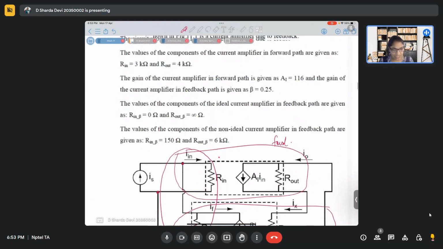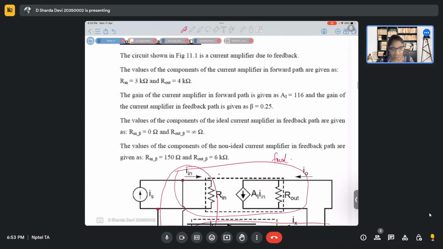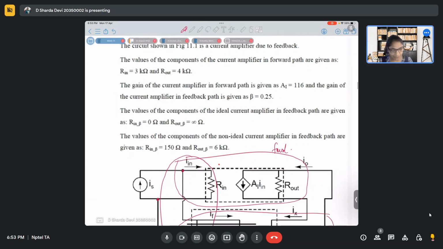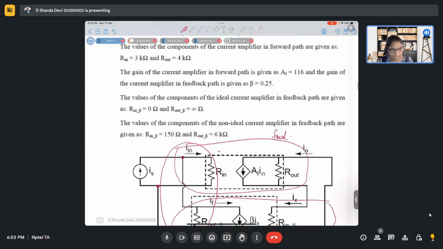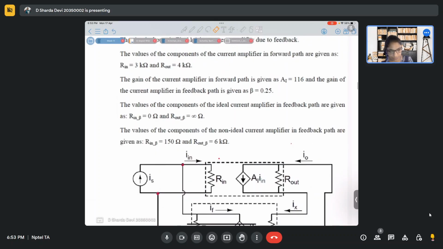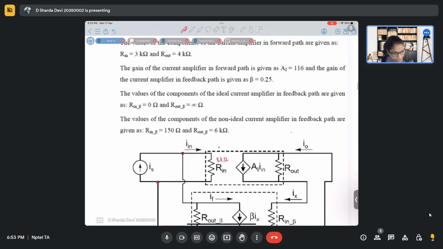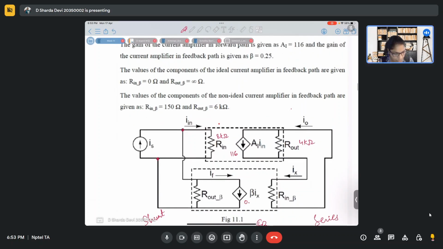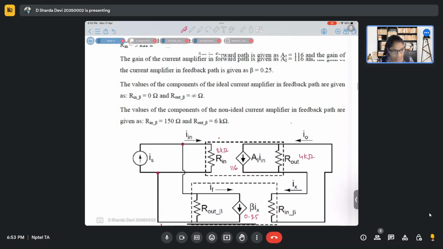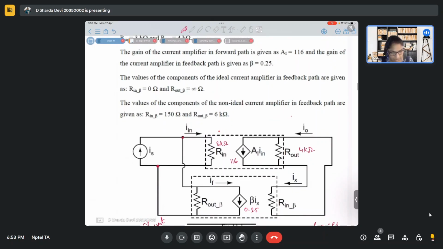Now in this particular circuit, let's see what things are given. This circuit is a current amplifier. It has R in of 3 kilo ohms, R out of 4 kilo ohms, AI is 116, beta is 0.25, and R out beta is 6 kilo ohms if used, and this is 150 ohms.